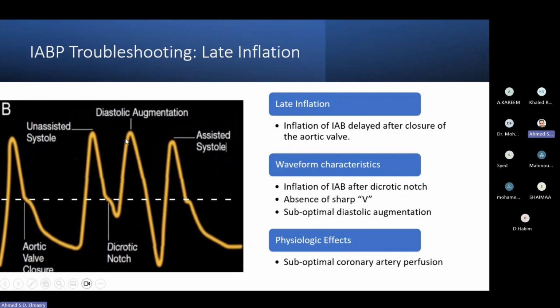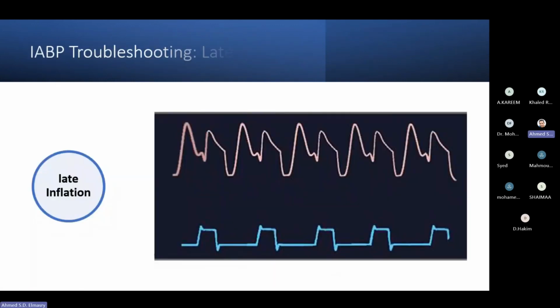So what will happen if the diastolic augmentation is reduced? The diastolic blood pressure will be less, and the coronary perfusion will be less. So you will get suboptimal coronary perfusion of the failing heart, especially if it's having acute myocardial infarction. So this might lead to ischemia to the patient. And as you see here, this is the late inflation of a patient with intra-aortic balloon, but this is 1-to-1 ratio.